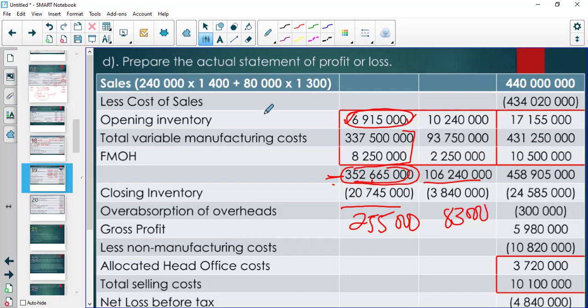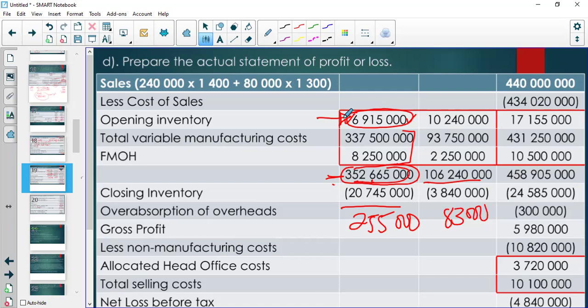It's not technically correct to say that for first in, first out we exclude opening inventory, but if we say we exclude opening inventory, we could be 100% correct based on the questions that the examiners have produced.